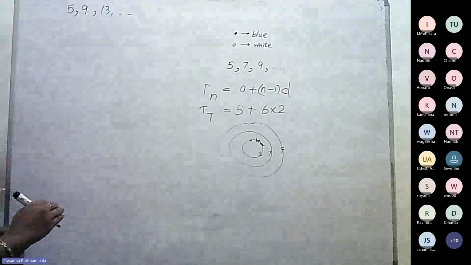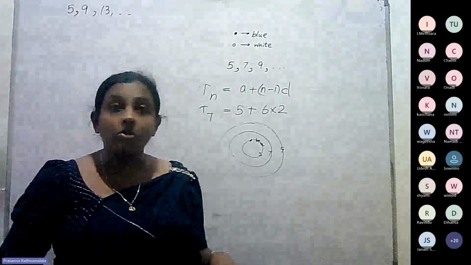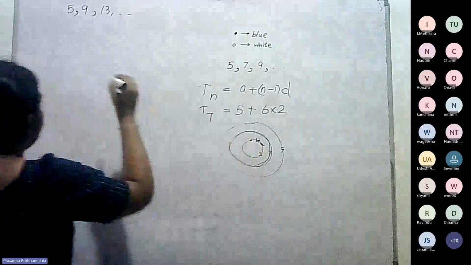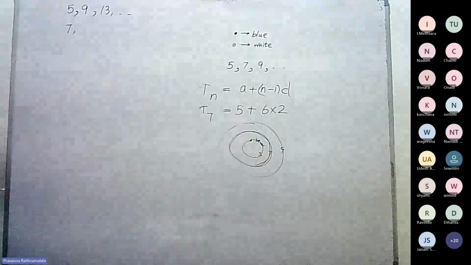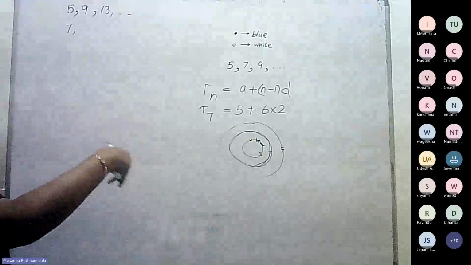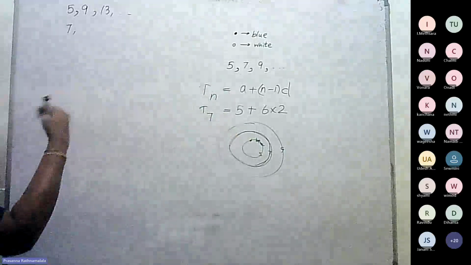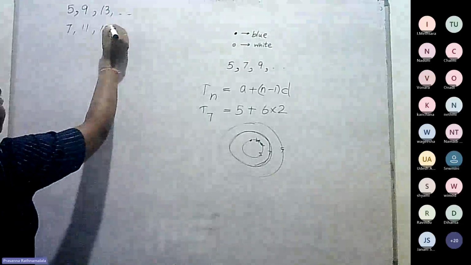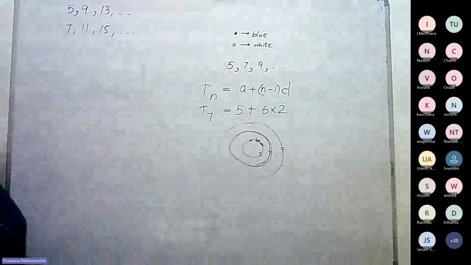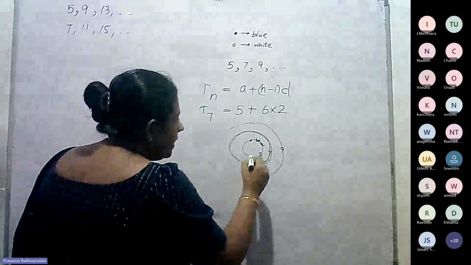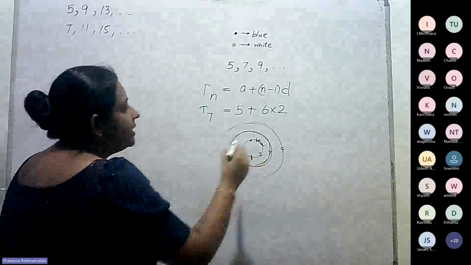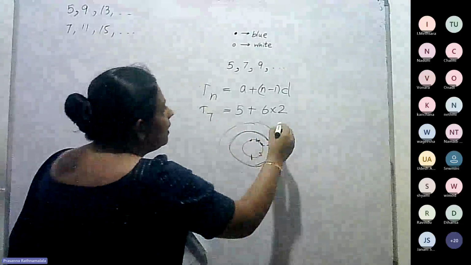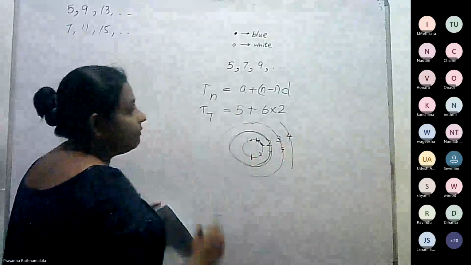Then the other one, the students who wear the white color costumes, starts from here. There are 7, that is the first term. Again it is increasing by 4. The difference of two successive terms is 4. That is 11, 15. The first is blue, the second again white, the third blue, the fourth white.